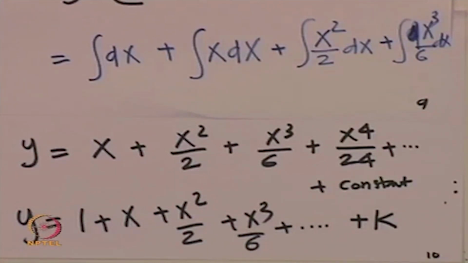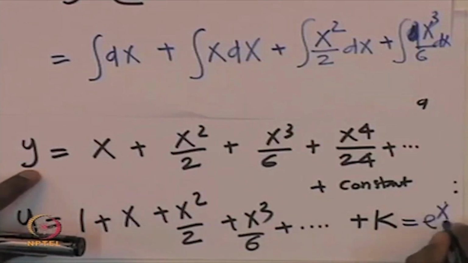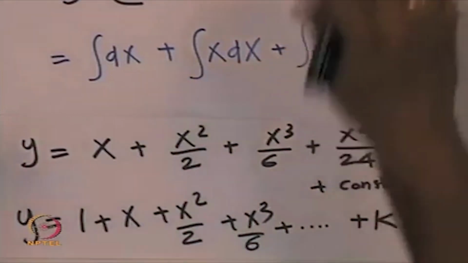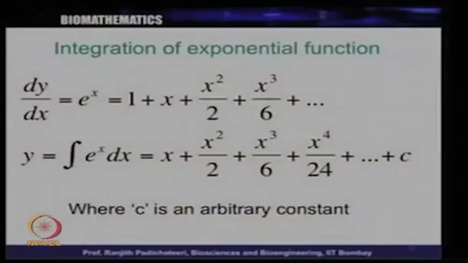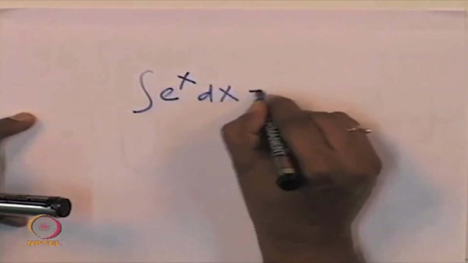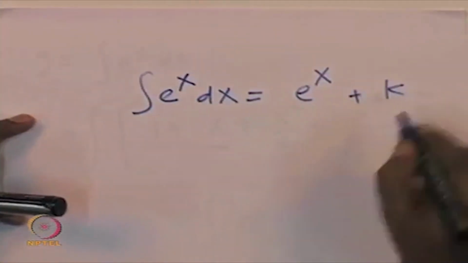This is the answer y. And if you look at this, it turns out that this is nothing but e power x plus constant k. So, the integral of e power x dx is e power x itself plus a constant k.